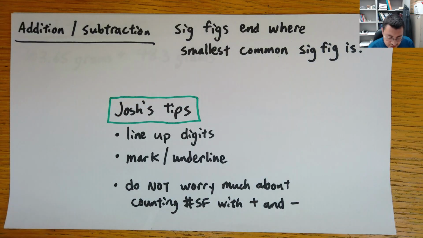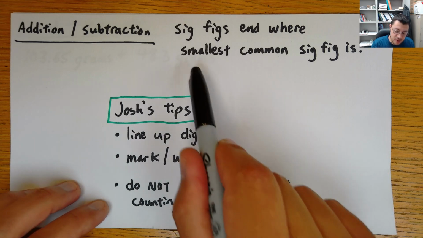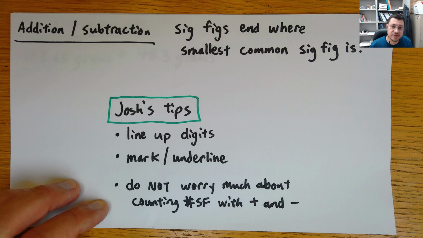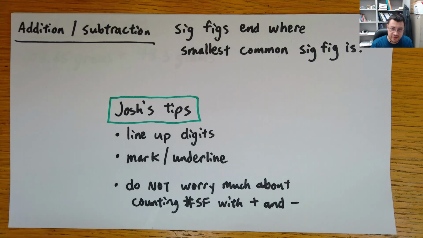All right, so addition and subtraction follow the same set of rules. When we're looking at a problem involving addition or subtraction, we're going to be looking for where our smallest common sig fig is. We're going to be looking for the smallest sig fig that they both have in common, and then we're going to be cutting off our sig figs there. So I like to approach these problems visually.